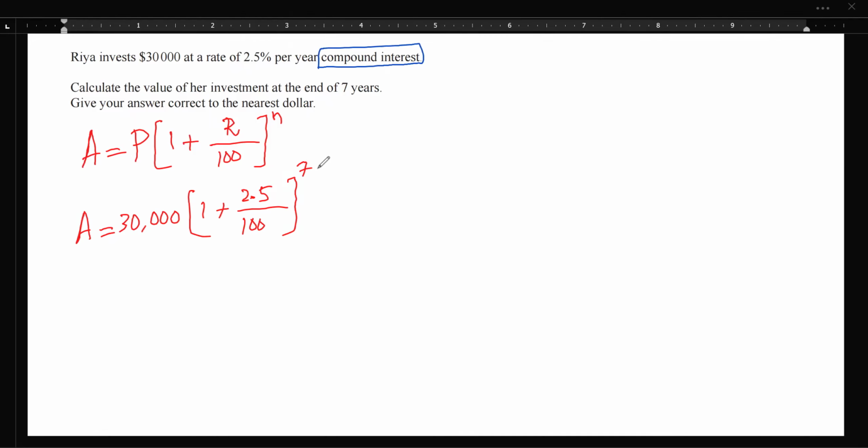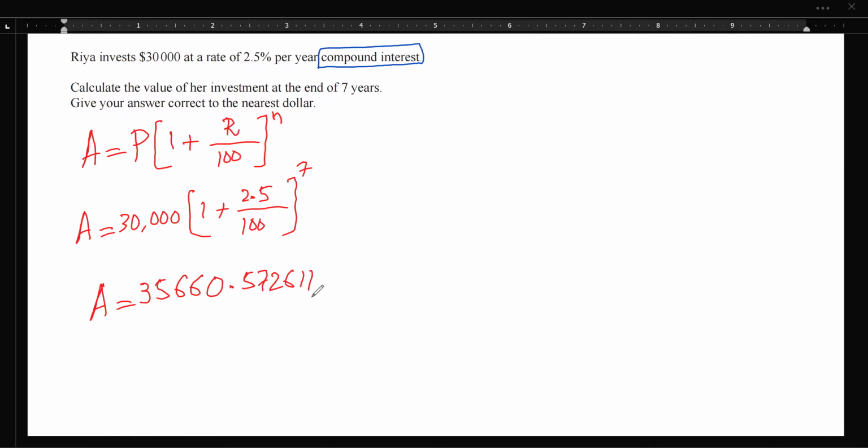Let's calculate how much this amount is. You also calculate as well. 2.5 divided by 100 plus 1. So it's going to be with power 7, yes, and times 30,000. It gives us 35,660.572611.